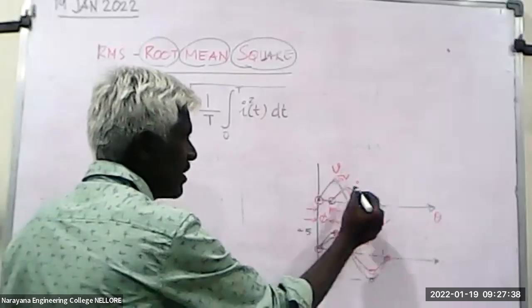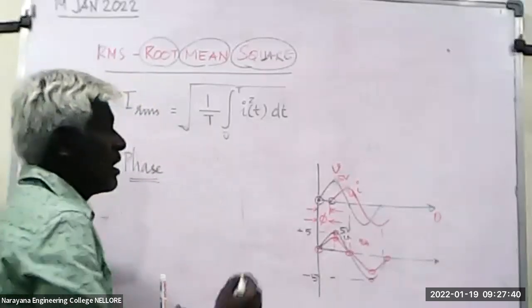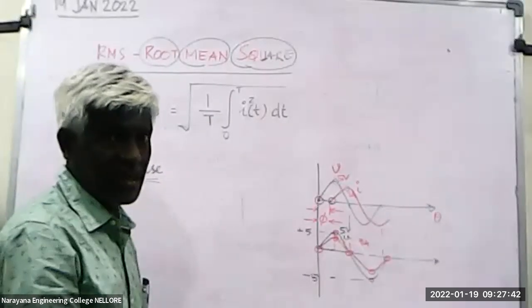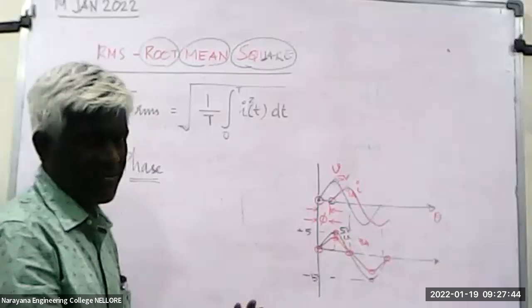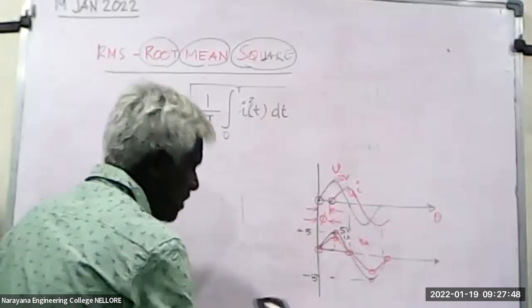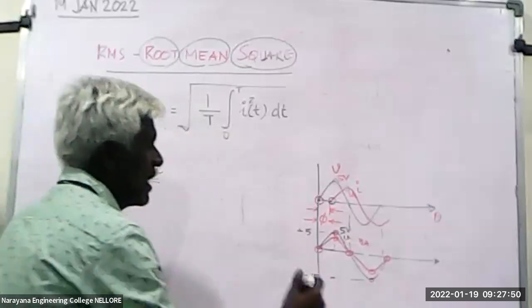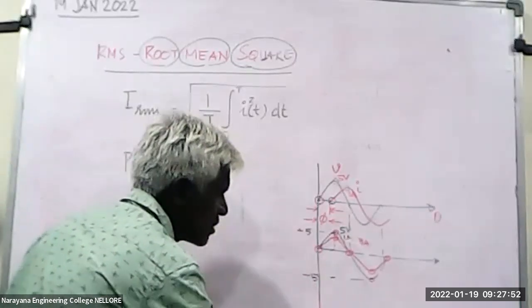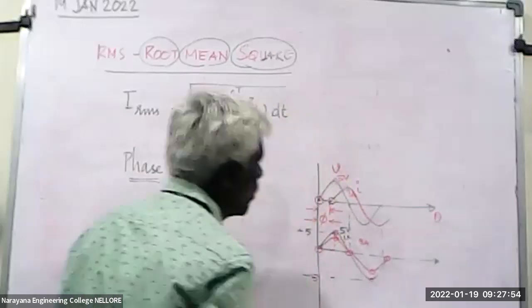So there is a time delay between them. When you measure in time, it is a time delay. When you measure in angle, it is a phase angle delay. And it may be an advancement also. My other case may be like this also. In any case, it is called phase only.